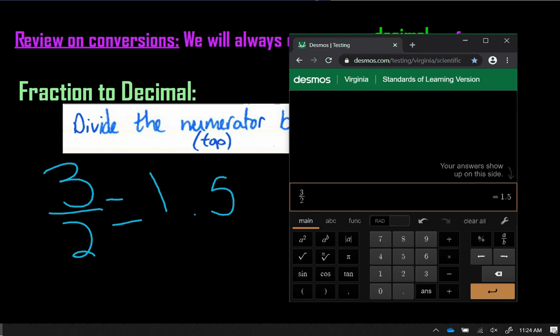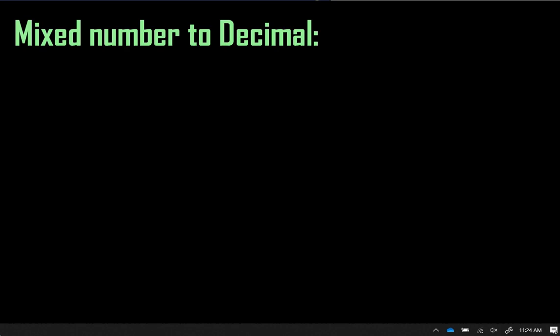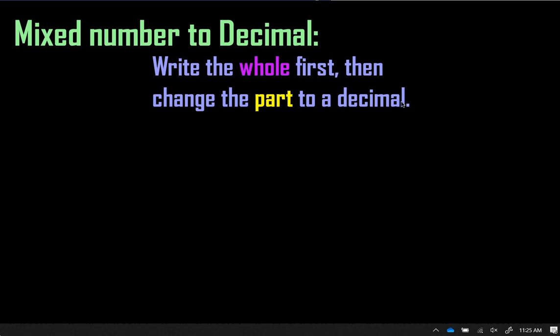Now, on the next conversion, we're going mixed numbers to decimal. So what is a mixed number, and how do we convert it to a decimal? Very easily. We're going to write the whole number first, and then we're going to change the part into a decimal. Say we have the value 4 and 1/5. It's a mixed number because it has multiple parts to it.